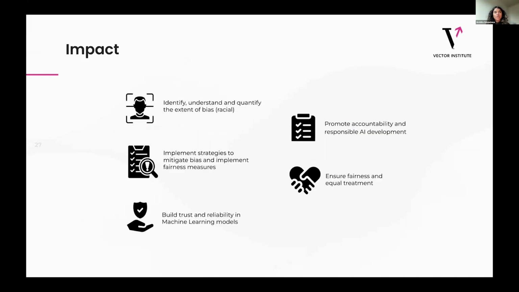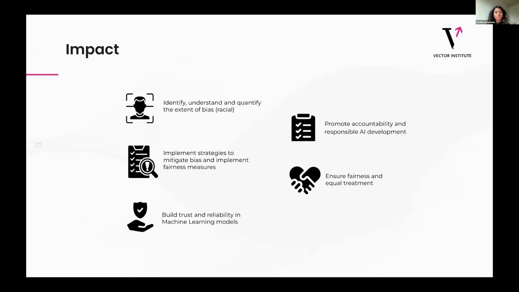Now, even though this project had its limitations, I would say that the overall impact of this project is huge, and this can be in different ways. First and foremost, through this project, we were to some extent able to identify, understand, and quantify the extent of bias. In this case, that would be racial bias. Then secondly, it also gave us some hope or some motivation to start implementing strategies to mitigate that bias or to implement fairness measures.